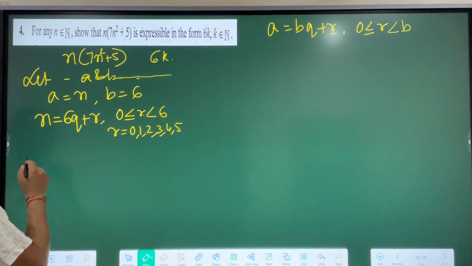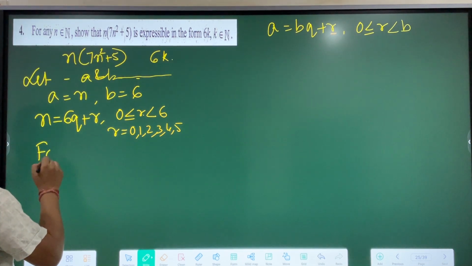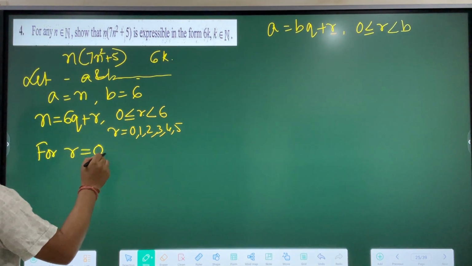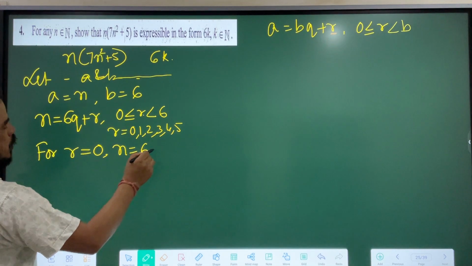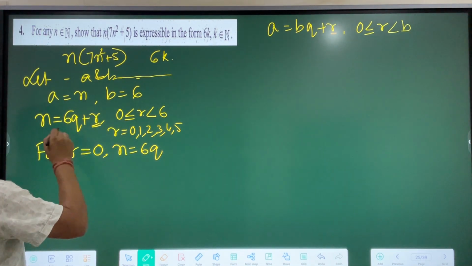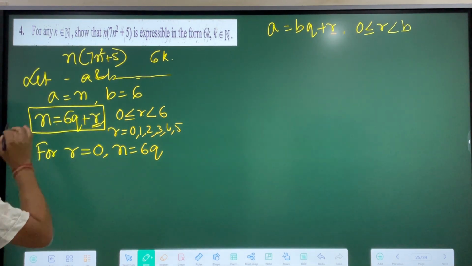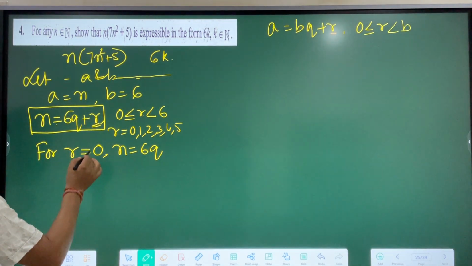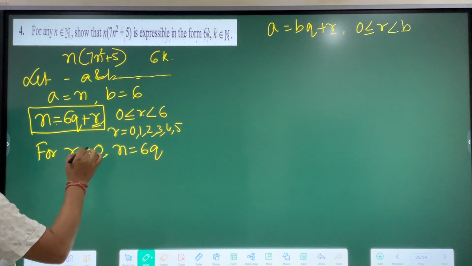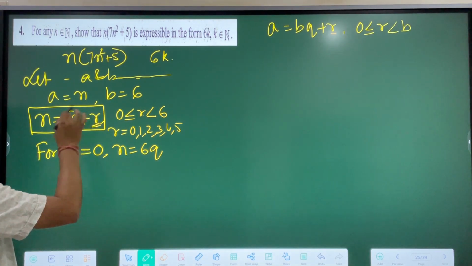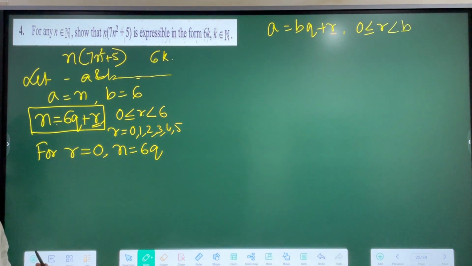Okay, let us put now r equals 0. For r equals 0, n equals 6q. r is 0, so n equals 6q will be left. This is the main term. Remember that. For r equals 1, you will put the value 1 here. For r equals 2, you will put the value 2 in this term. So this way it will go on.